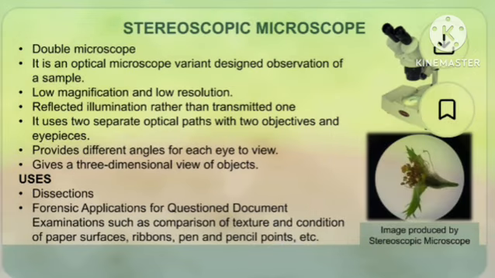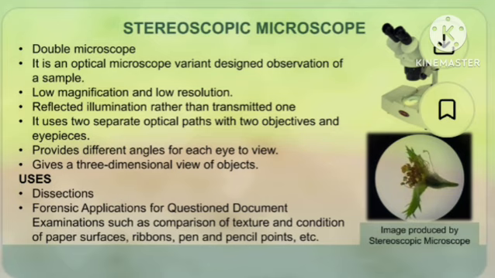And next slides, stereoscopic microscopy. It is a double microscope, an optical microscope variant designed for observation of a sample at low magnification and low resolution. It provides a different angle for each eye to view.